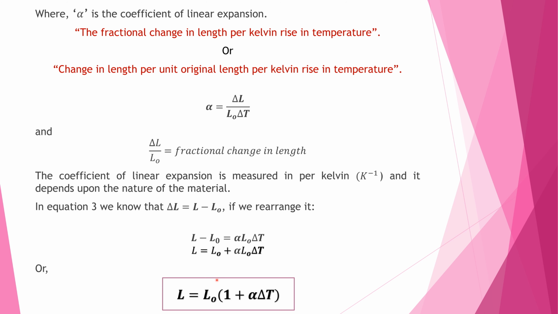The final expression is L equals L naught times 1 plus alpha delta T. This is the expression for the final length of a rod, which is equal to the initial length of the rod times 1 plus the coefficient of linear expansion times the change in temperature.